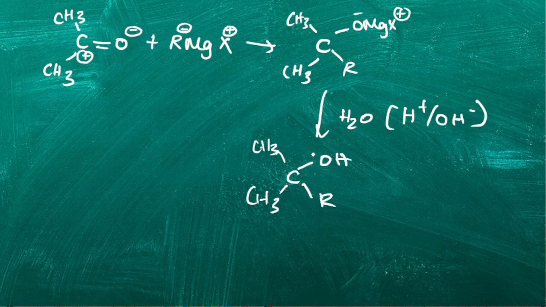So next you will be getting plus Mg, OH and X. So this is how you will be getting your reaction to occur. This is tertiary alcohol, right? And what you got over the previous two things, this is the secondary alcohol.